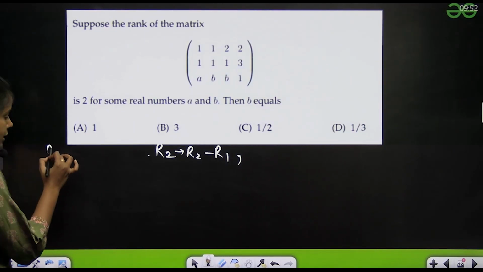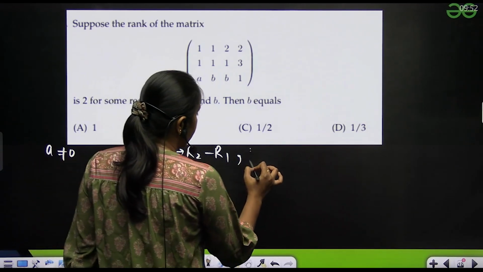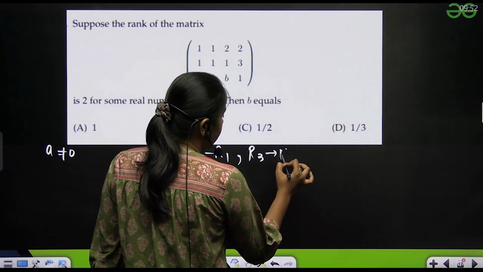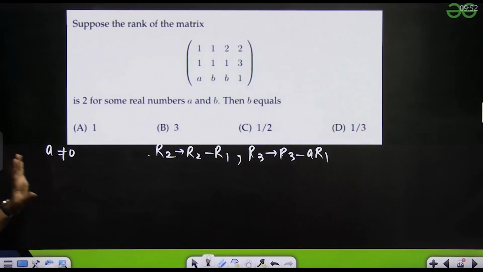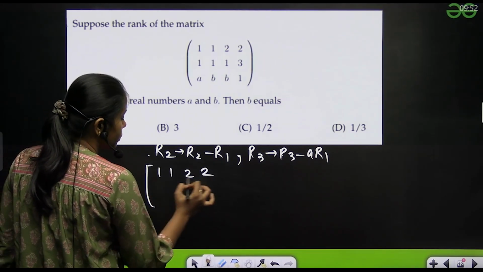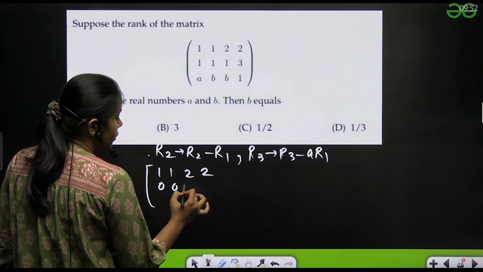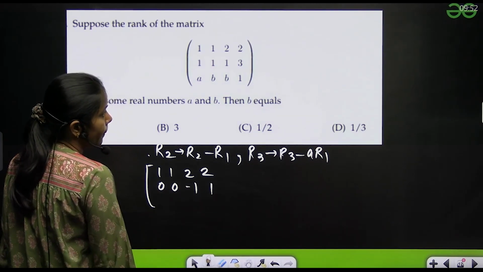Right now I am considering A is not equal to 0, then I can multiply any row. R3 tends to R3 minus A R1. So R2 minus R1 and R3 tends to R3 minus A R1. What would I get as the matrix? 1 1 2 2, 0 0 1 minus 2 minus 1 3 minus 2 1.